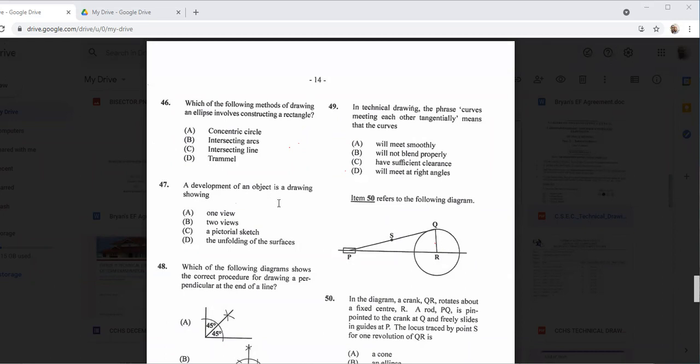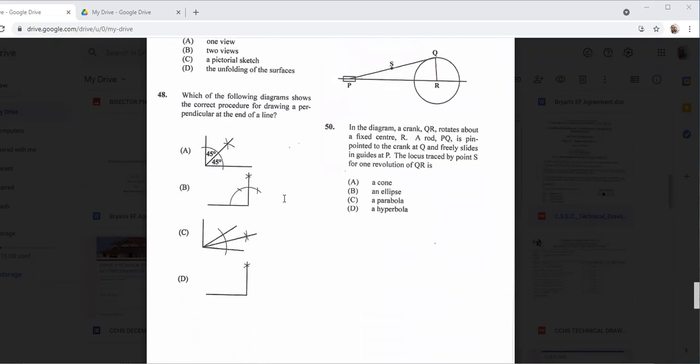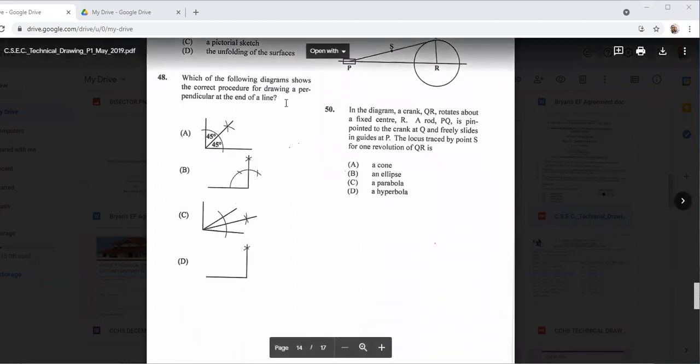47. Development is the unfolding of a surface. Unfolding of a surface is the development. 48. Sir, B. B, yes.